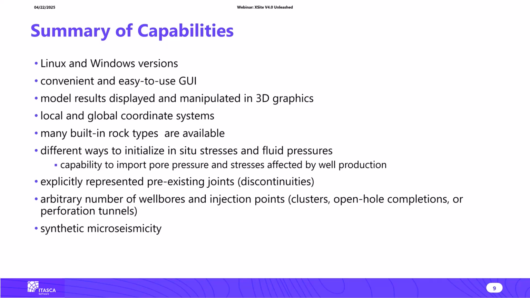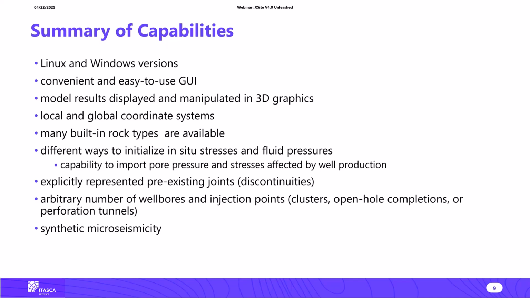On the other hand, in Linux, there is also a console version, which can allow more efficient execution of a number of models on high performance computing centers. So the GUI allows inspection of the model, the model geometry and the results, and their manipulation and presentation in different views in 3D using a graphical interface.